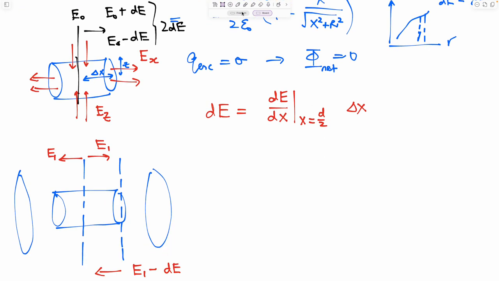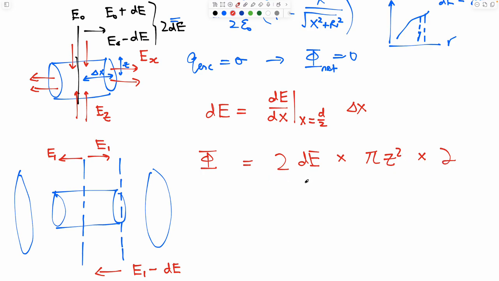Then we can determine what E of x is. The flux of x is just 2 times dE times pi z squared, which is the area of the face. Wait, sorry, the flux of x. Okay, this is the flux, but then you need to multiply by another factor of 2 because this factor of 2 accounts for the fact that there are two faces.